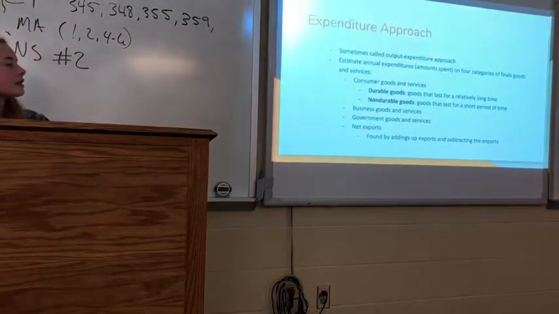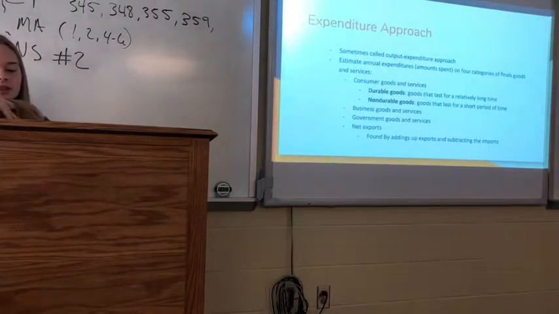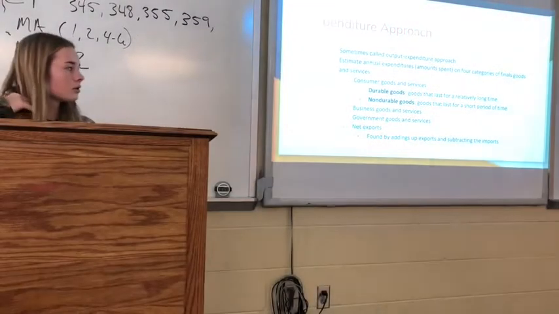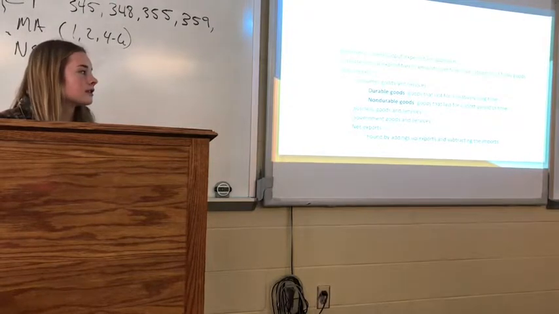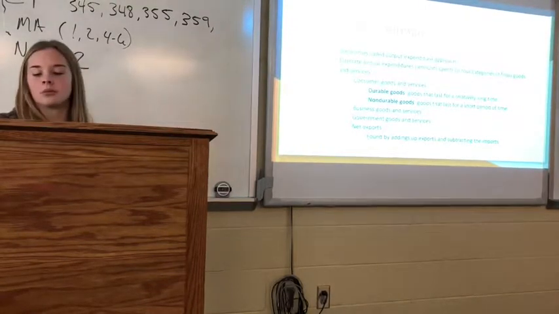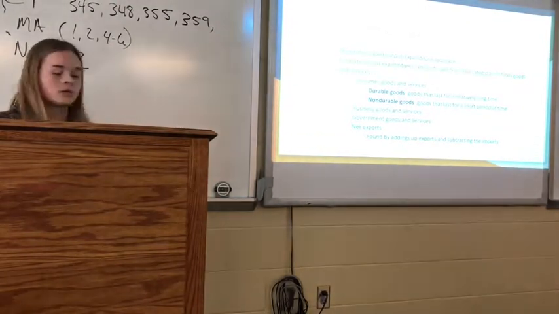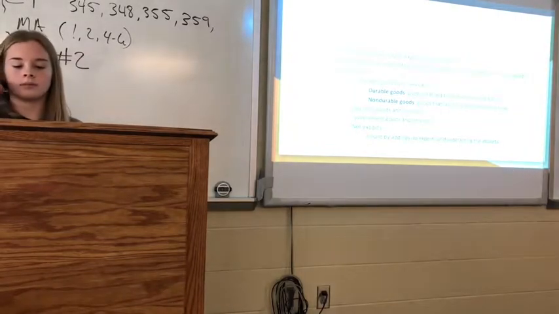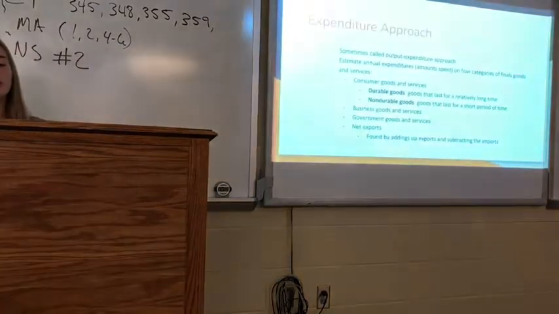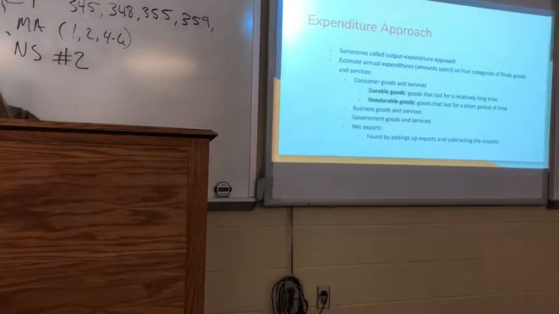These four categories are consumer goods and services, and there are two kinds of goods, durable and non-durable. Durable goods last for a long time, while non-durable don't. Durable goods would be like a refrigerator, and non-durable would be like food or tennis shoes because they go out of date.